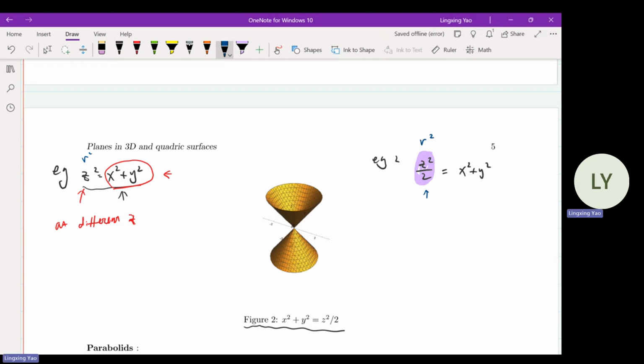Okay, so what you should imagine is that the difference between those two is that the cone is stretched for the right side of the equation. You stretch this cone a little bit upwards. Just imagine that you're manipulating those surfaces. Those are interesting things to think about, to make connections between geometry and the mathematical formula.